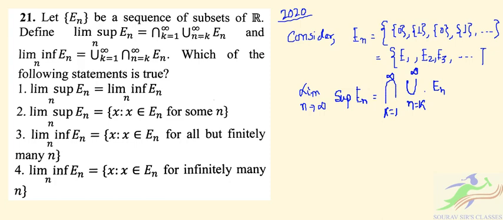so how will the sequence look like? For k equal to 1, if we put it in this manner. Now the supremum of En, look at this. This supremum of En is nothing but the union from n equal to k to infinity of En.